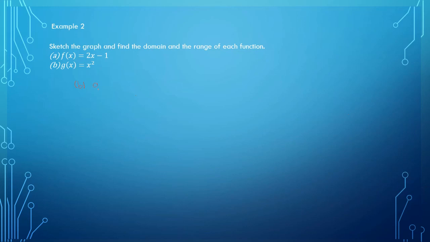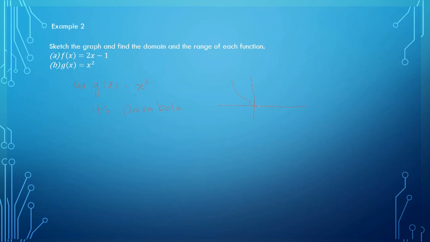B is g of x equal to x squared, and it is an equation for a parabola. And we know that we can draw it just like this.